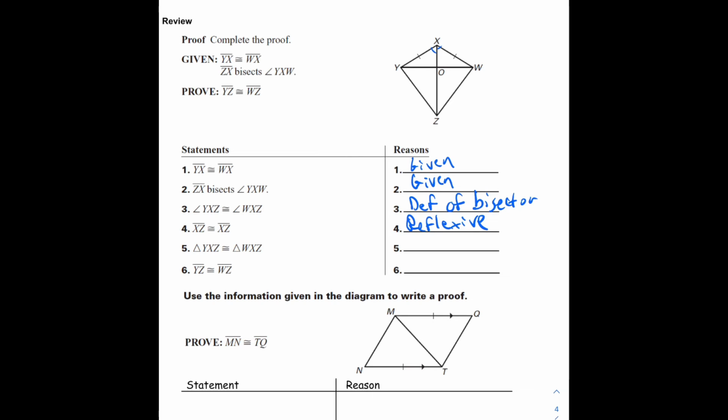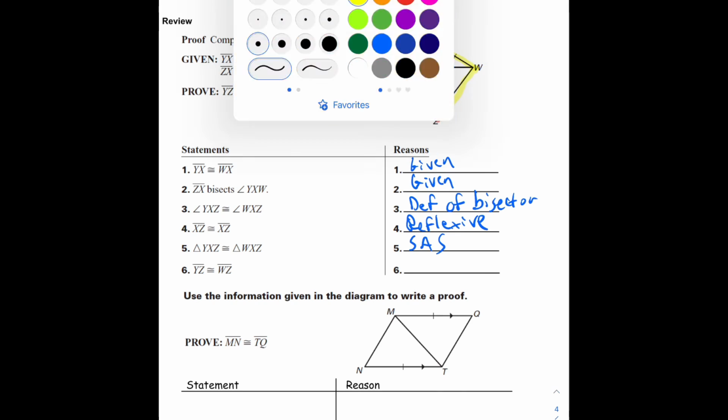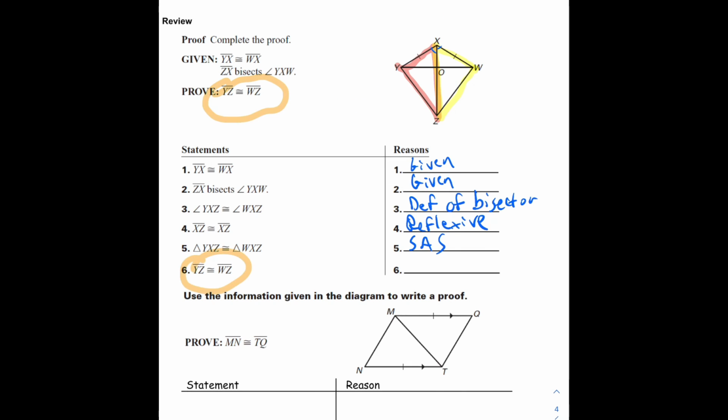And if I'm looking at my triangles, WXZ and YXZ, they share a side, which is why I used reflexive. So this is going to give me side angle side. And then to prove what the question asked me to prove, the question wanted me to prove this, which is right here and right here. That's corresponding parts of congruent triangles are congruent.